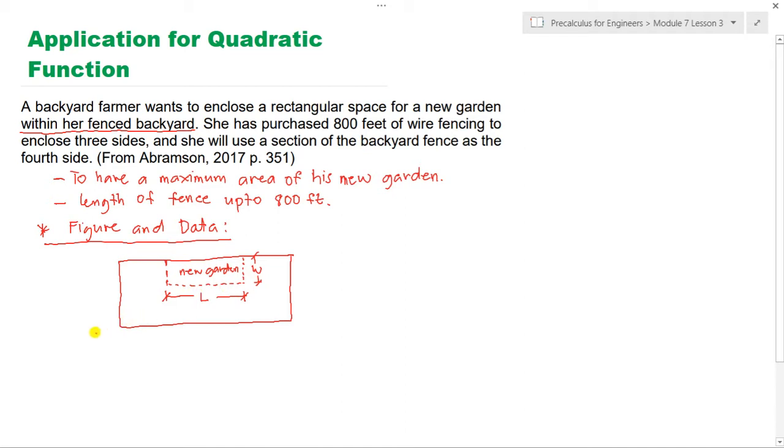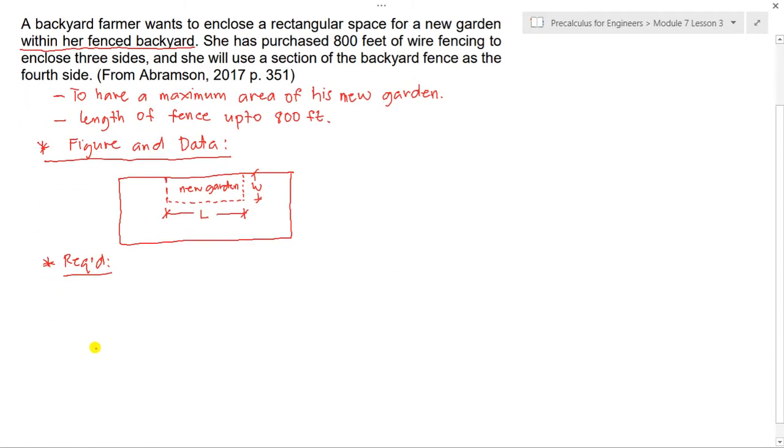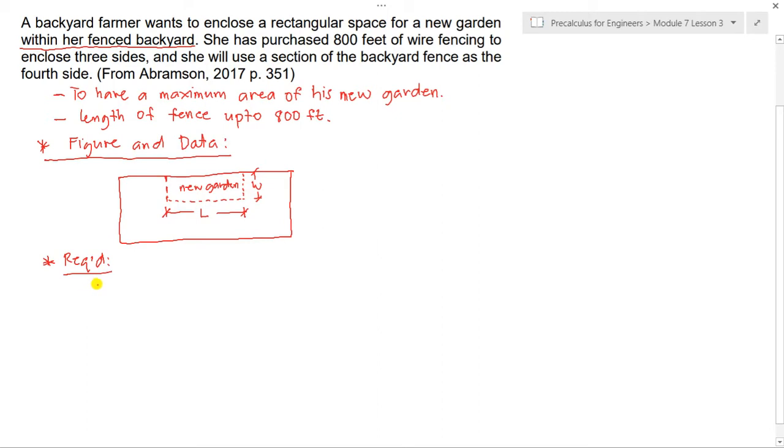So what is required for this problem? Required is that we are going to find, of course, the dimensions, the length and the width of this new garden. Let's proceed to the solution.